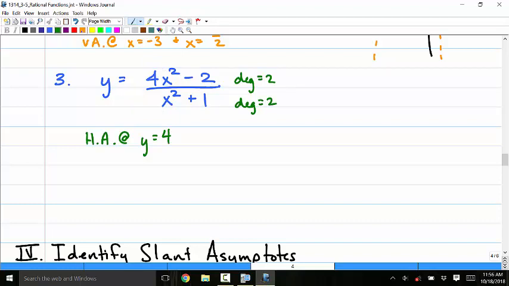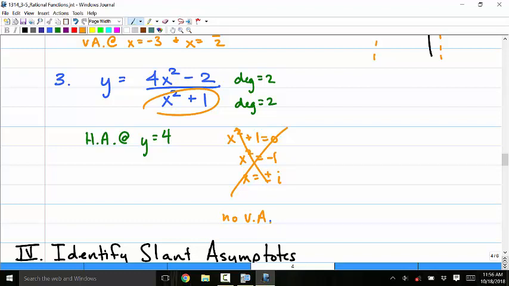If I were to set the denominator equal to 0, x squared plus 1 equals 0, are those real values? Nope, they're imaginary, right? So that means that there are no vertical asymptotes.